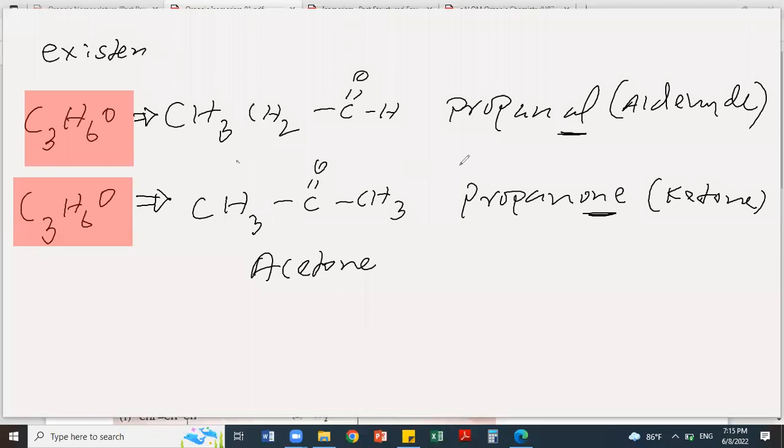Isomerism, it's a noun, means the existence of different structures for the same molecular formula.